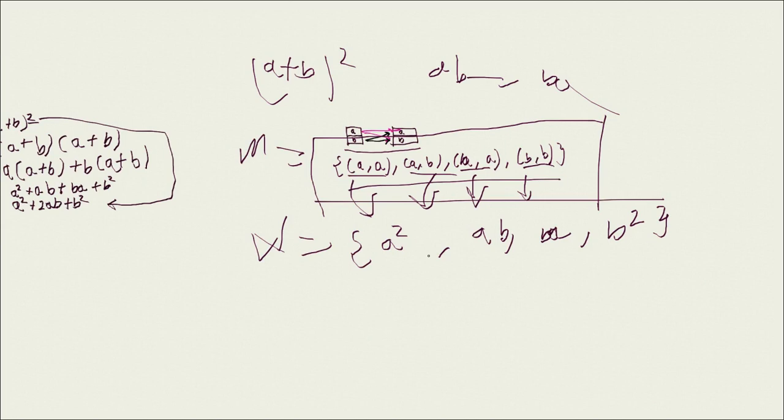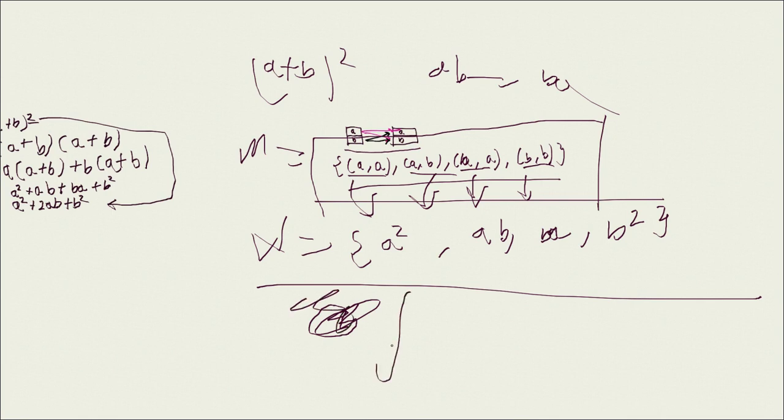So let's define an operator. I'm just going to define it however I want. Let's define a function f of x. What it does is, if a set is given to the function, it adds every element of the set together.